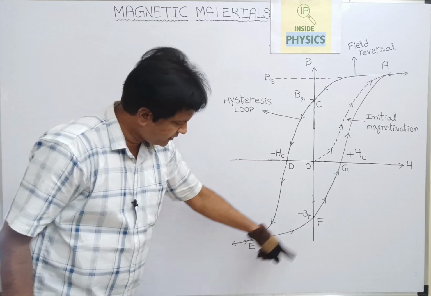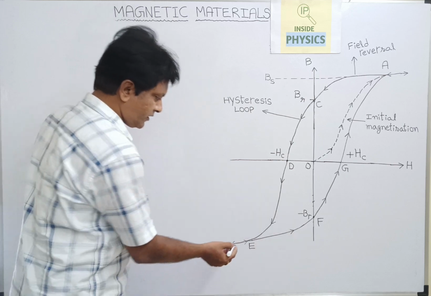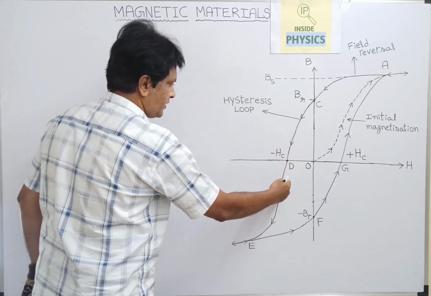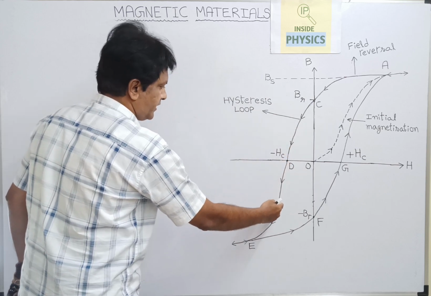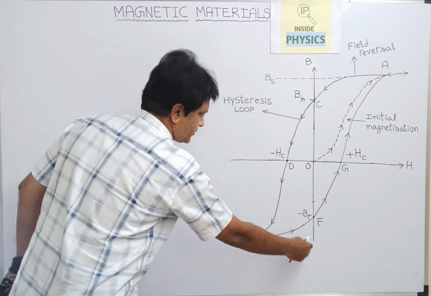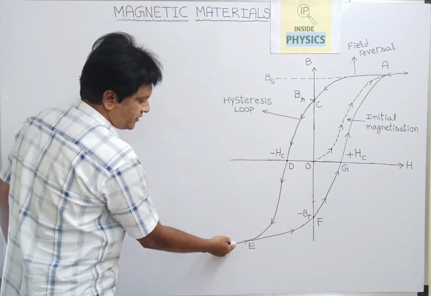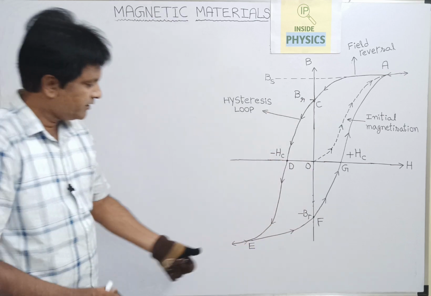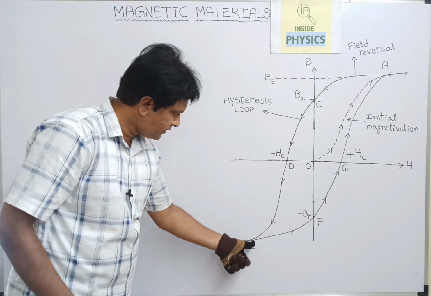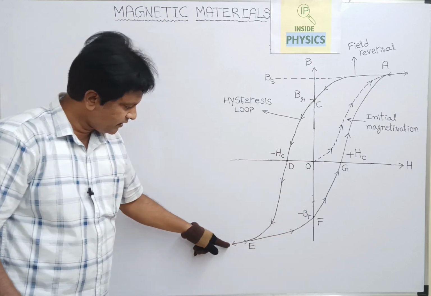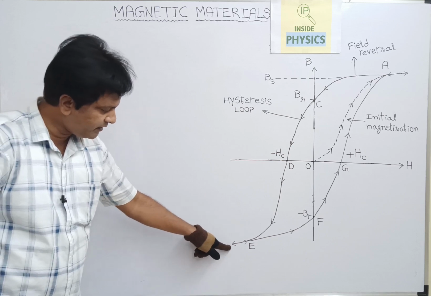At this point, the magnetic induction is also increased on the negative side, opposite to this side. So it has come to a saturation point again. Here is the saturation, and you can observe that the magnetic induction has become a straight line.